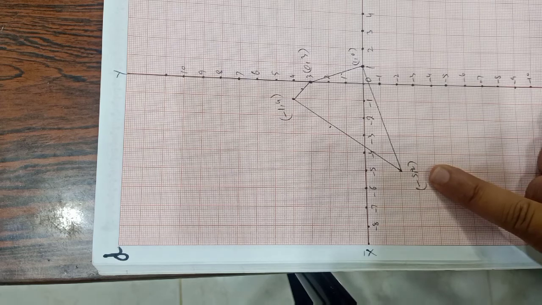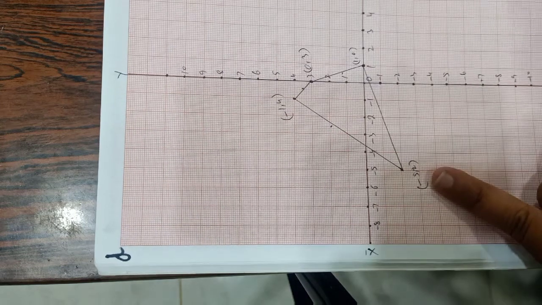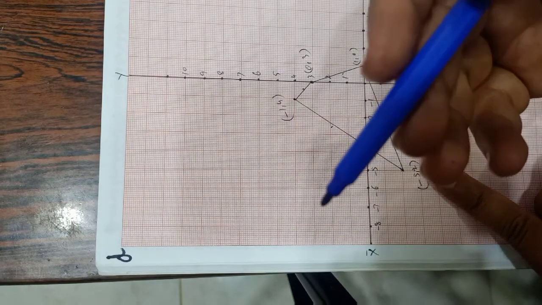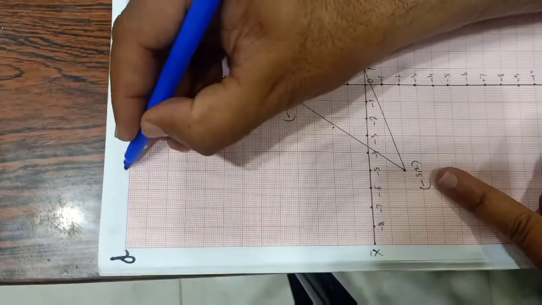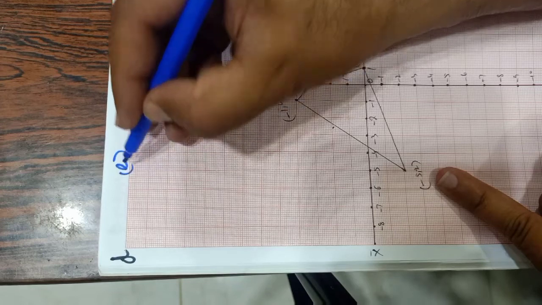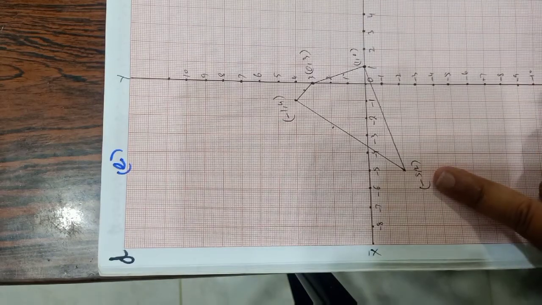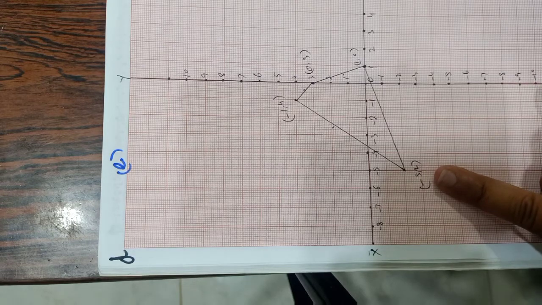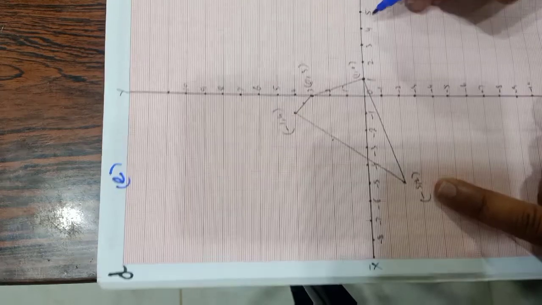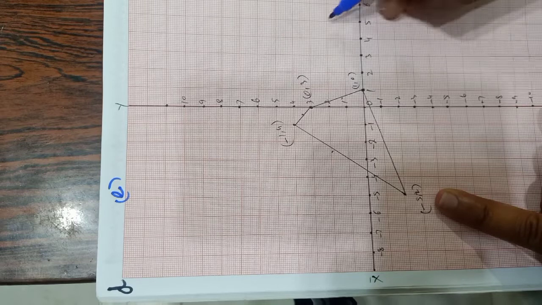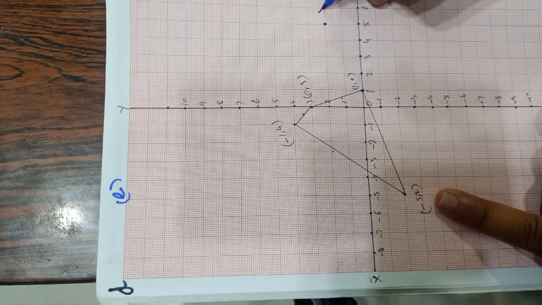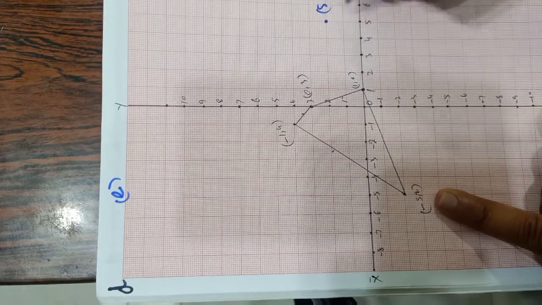Now students, on the same piece of graph, I am going to solve E part, and for solving E part I will use this blue marker so that we can highlight the coordinates. E part is 5 and 2. This point is 5 and 2.